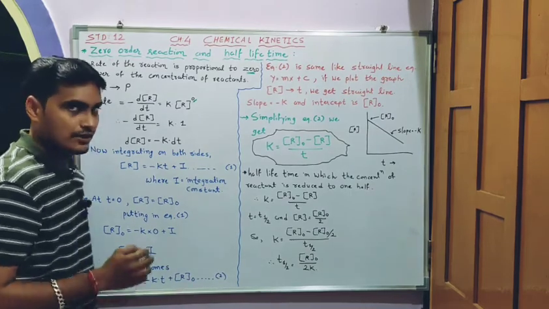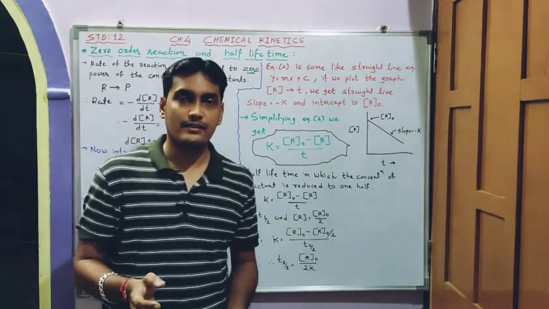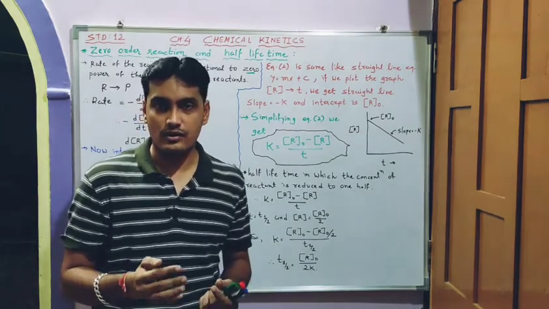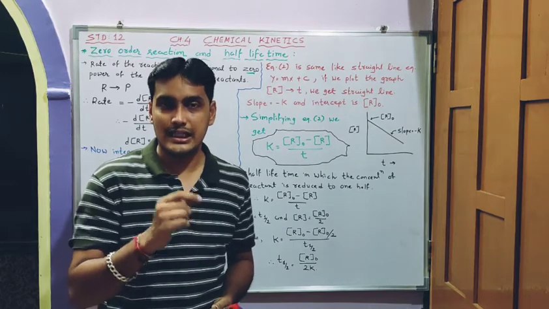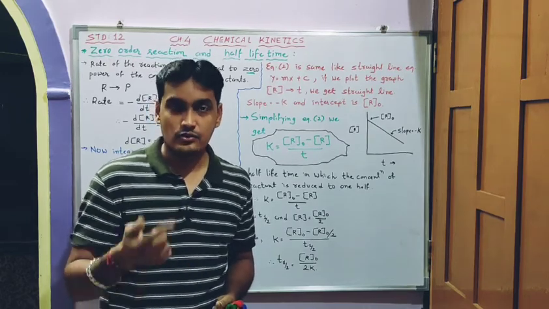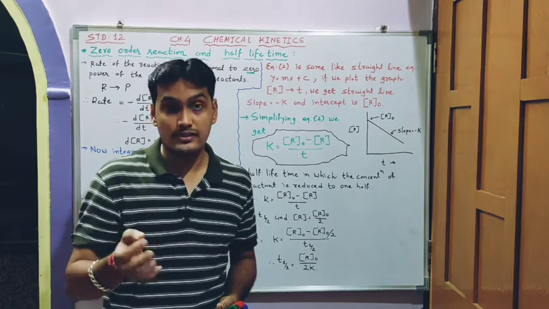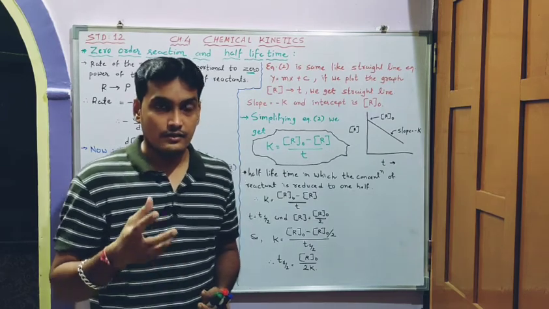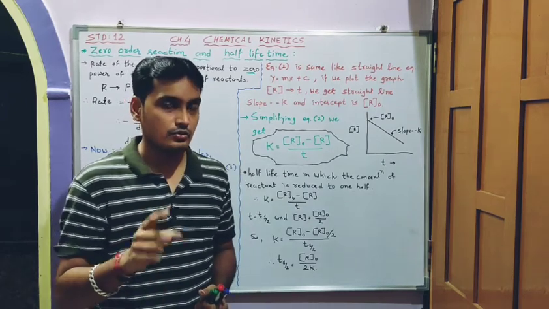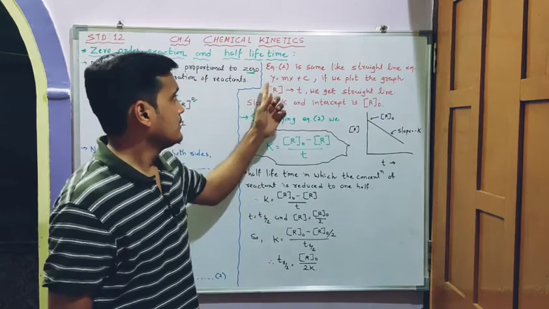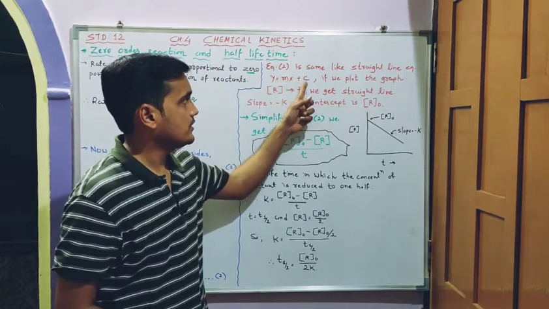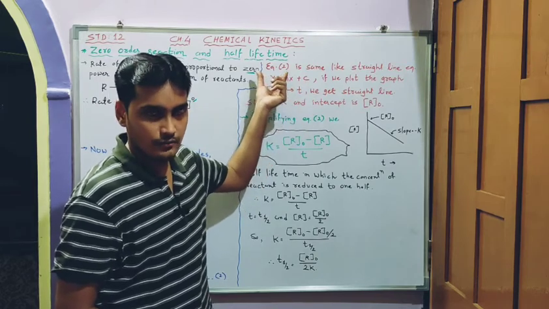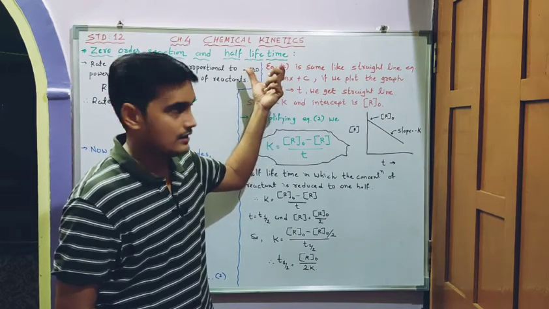This equation number 2 is very similar, or we can say we are comparing this equation 2 with the straight line equation. When we are comparing this equation to the straight line equation, the straight line equation is y is equal to mx plus c. This is the common formula of straight line equation.